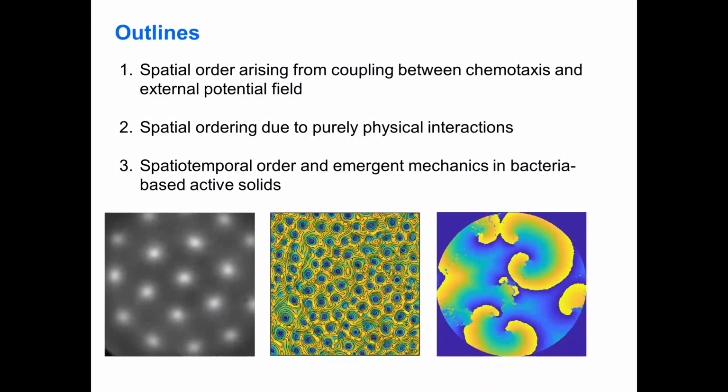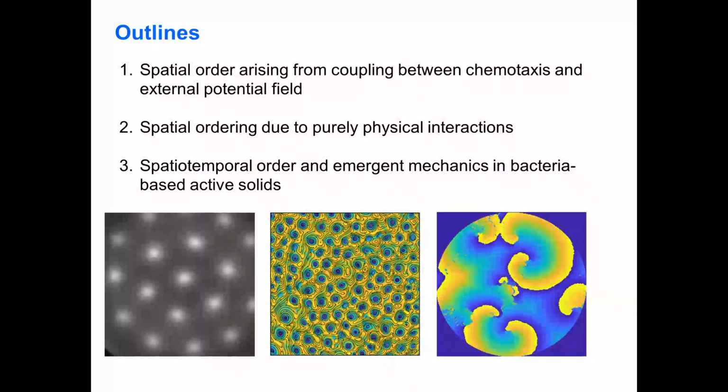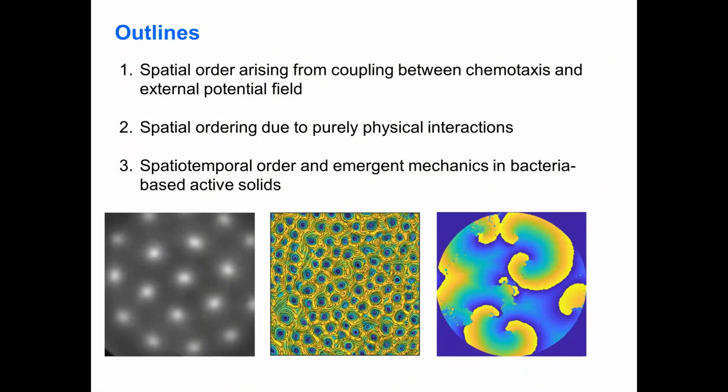In the first example, I would discuss a mechanism where cells couple signaling called chemotaxis and an external potential field to form spatially ordered structures. And then I will discuss a purely physical mechanism that would lead to large-scale pattern formation.